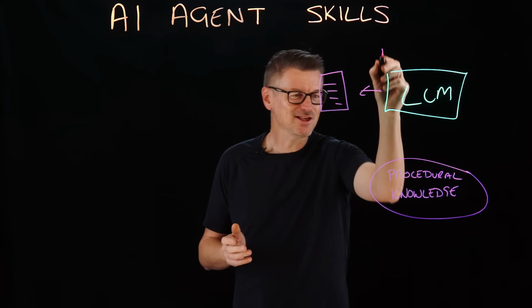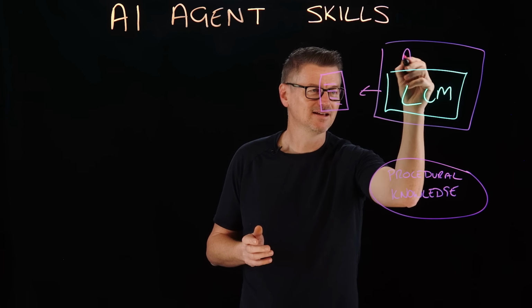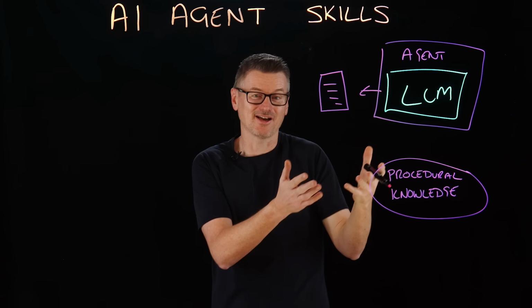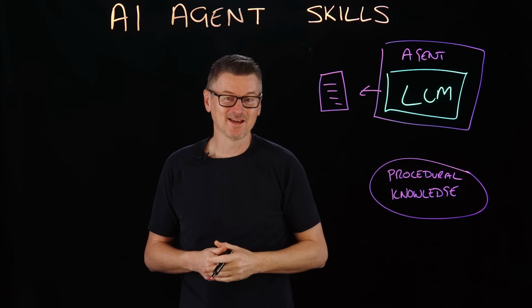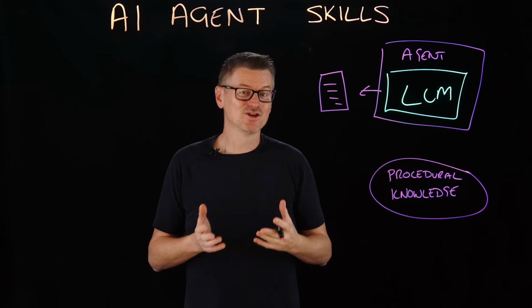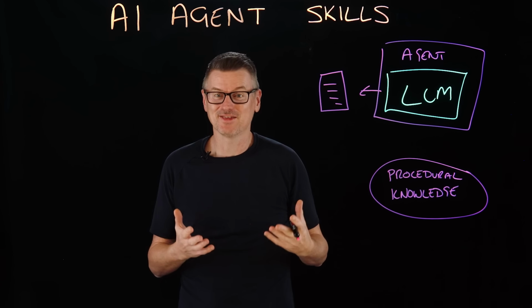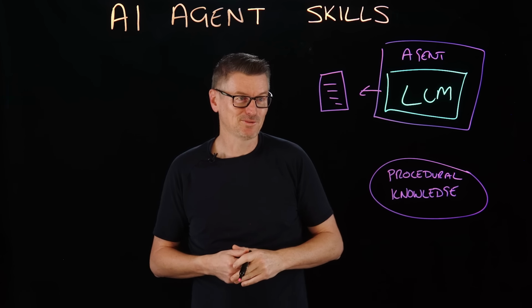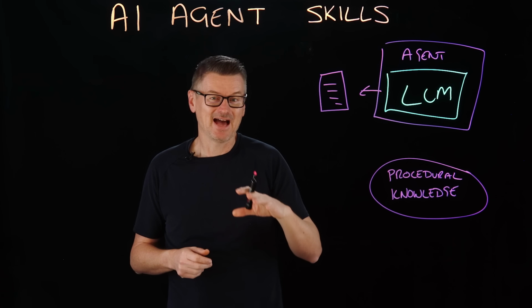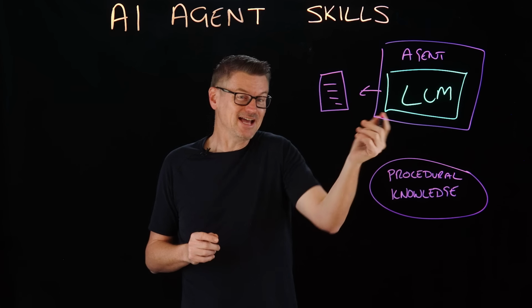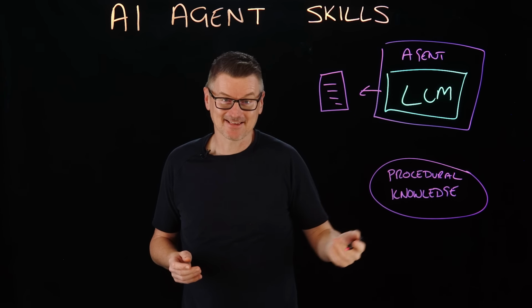So an AI agent that is running a large language model, when it encounters a task like generating this report, it basically has two options. Either somebody needs to prompt it with every single step, all 47 of them, and they need to do that every time. Or worse still, the agent is just going to take a guess at it.